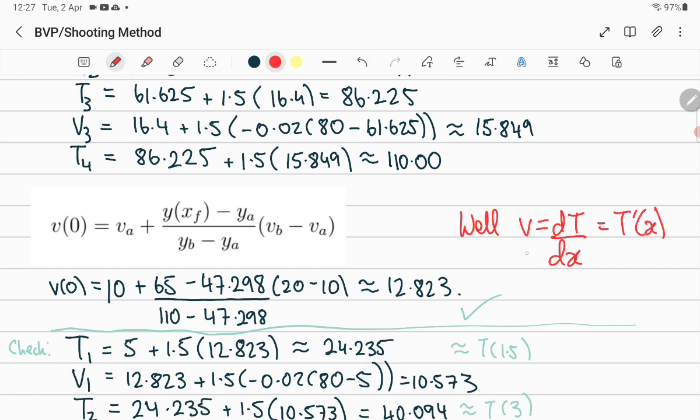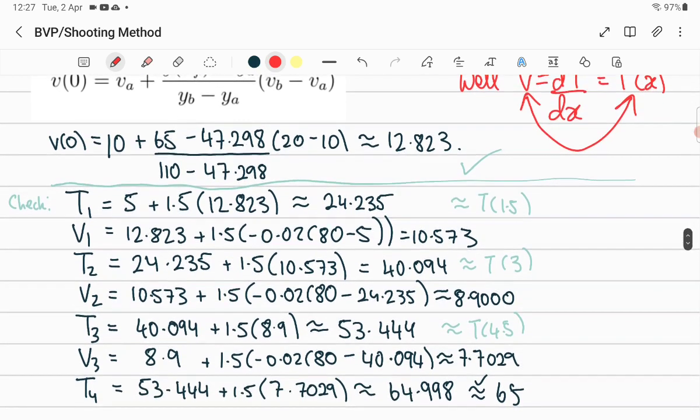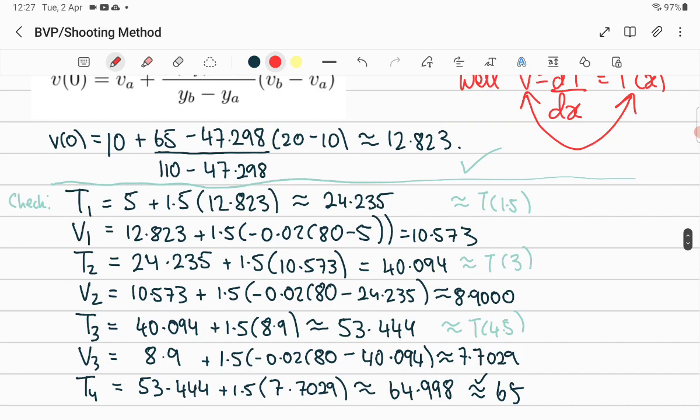So if you sub in 0 into these, you'll get T dashed of 0 is the same as v of 0, which is what we just calculated. Now you can check your answer, because if you run with this initial slope of 12.823, you should hit that 65. And if you run it, you find to 4 significant figures, you do hit 65. So that kind of tells you that you've gone well.